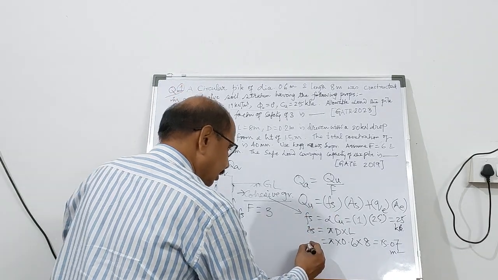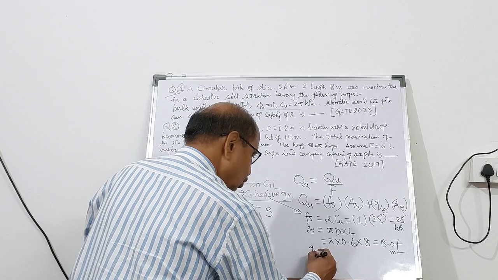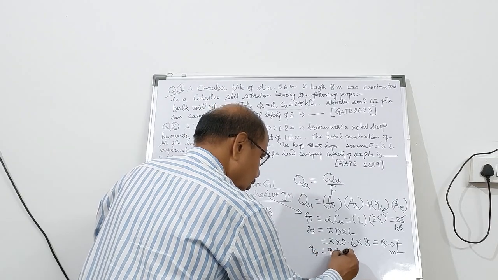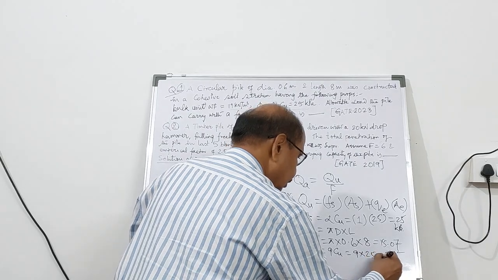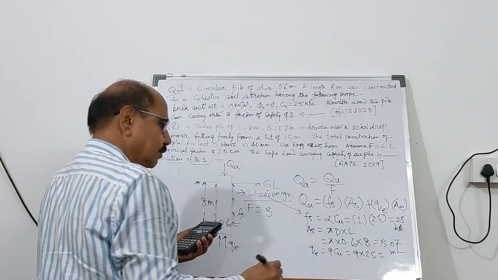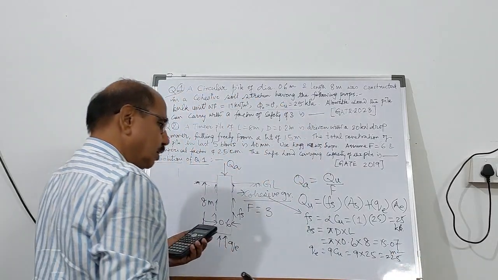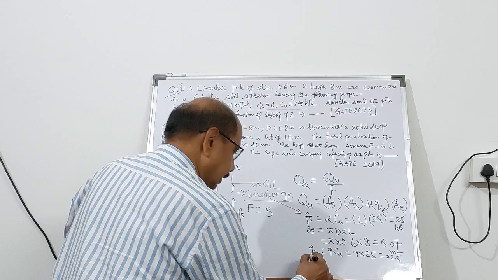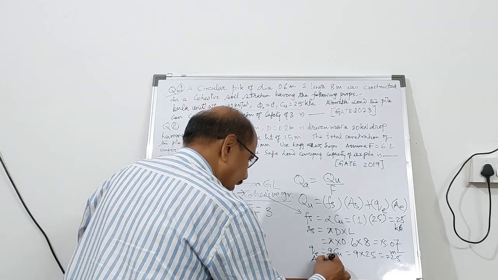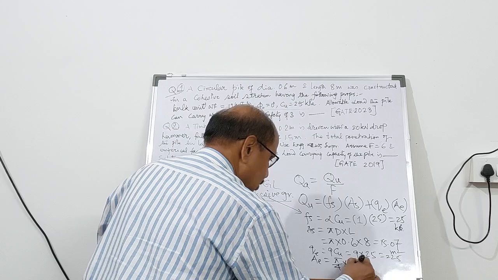Similarly, QE will be 9 times Cu. So 9 into 25, which becomes 225 kilopascal. Then the area of the pile at its end will be pi by 4 into d square.